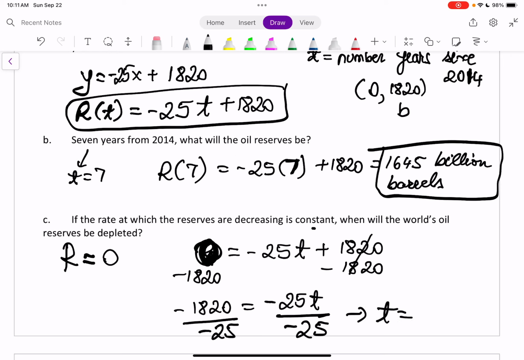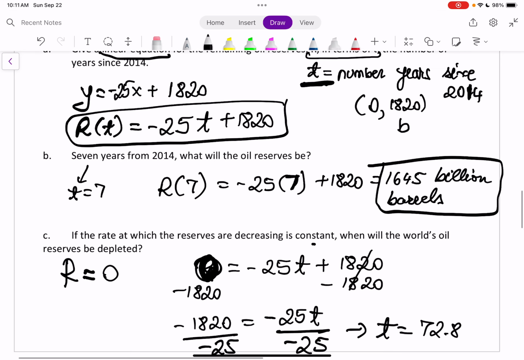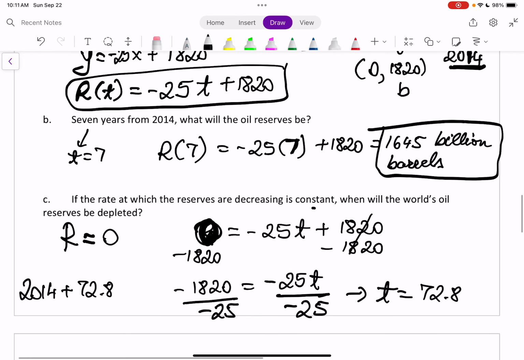So T is 72.8. That simply means the number of years since 2014 is 72.8. Really, we don't need the 0.8.